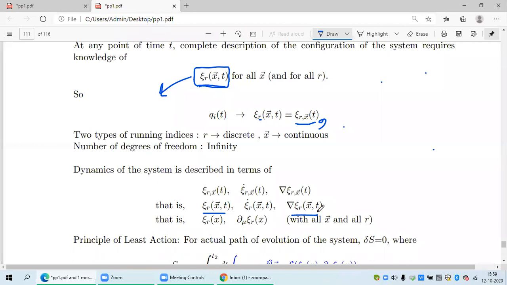Okay, so when you go from one generalized coordinate to, hello? Sir, when we are doing classical mechanics, the generalized coordinate is qi as a function of time. Yes, q1, q2, q3, they are generalized coordinates. But when we are obtaining the equation of motion, we don't do anything with the index i.